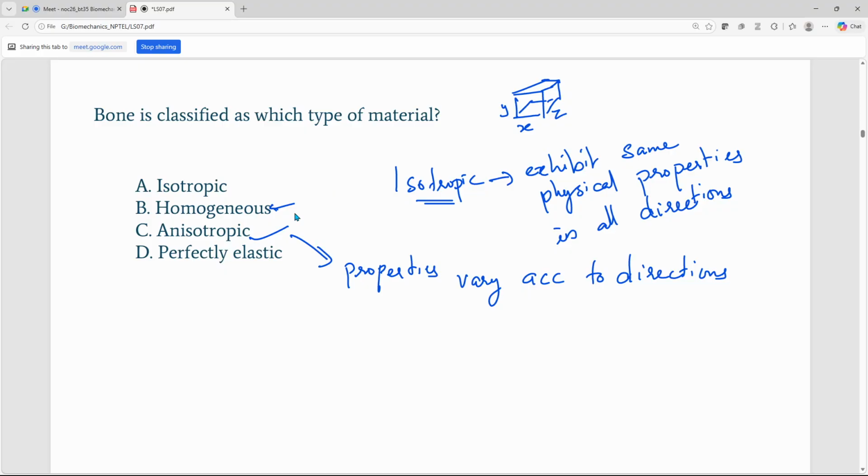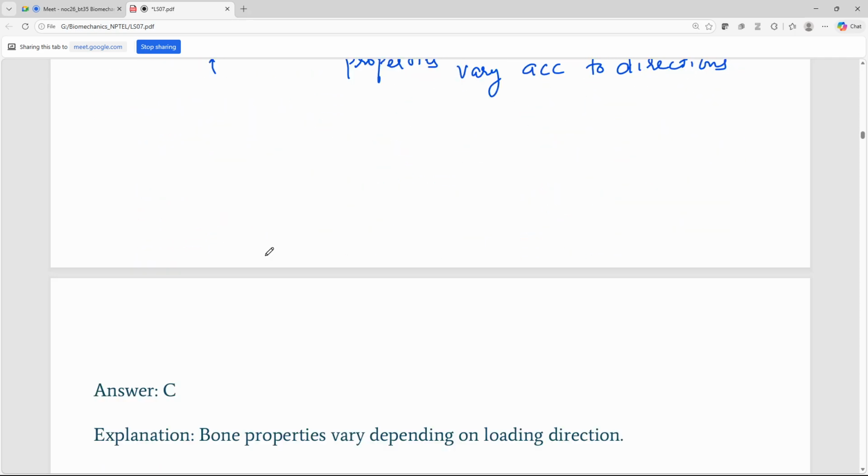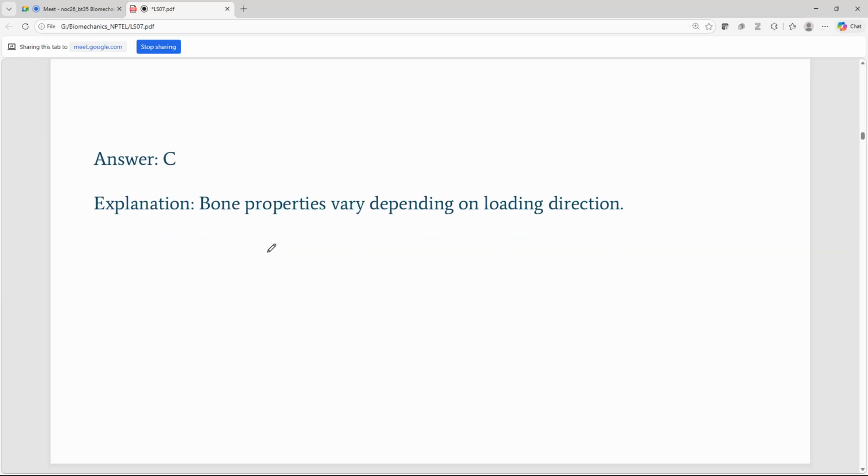If one particular material has uniform composition throughout, then it is known as homogeneous. And perfectly elastic we will discuss in coming questions. Bone comes under the category of anisotropic material because bone properties vary depending on the loading direction.